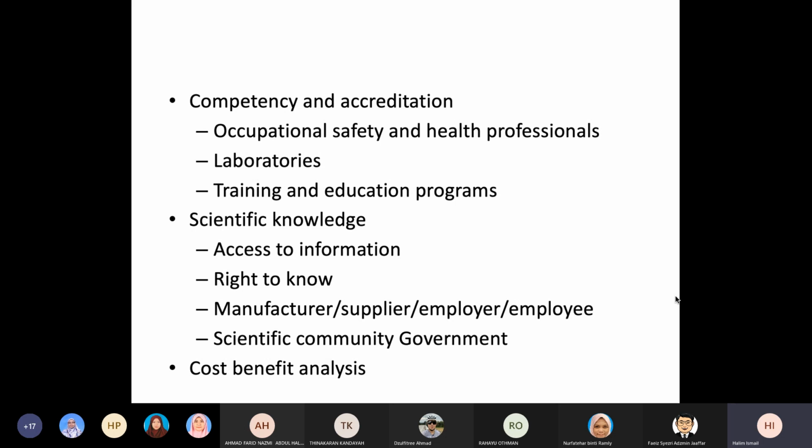Okay, so that's, but as an occupational health practitioner, it is your duty to explain to the employees about the hazards that they might be facing in the workplace as well. So that's where the conflict comes in. Okay, and then cost benefit analysis of certain programs and so on and so forth.